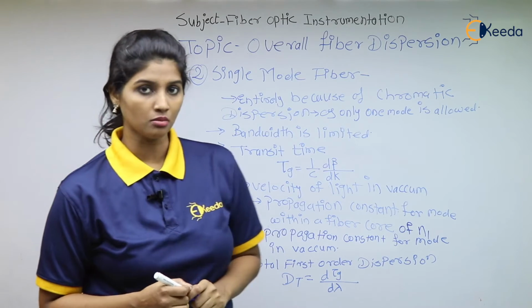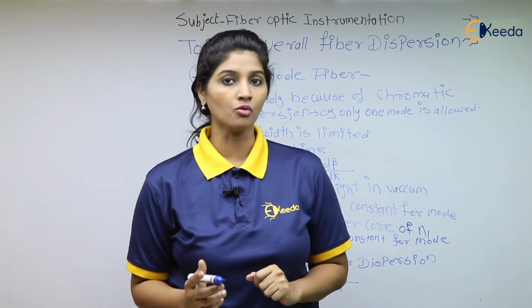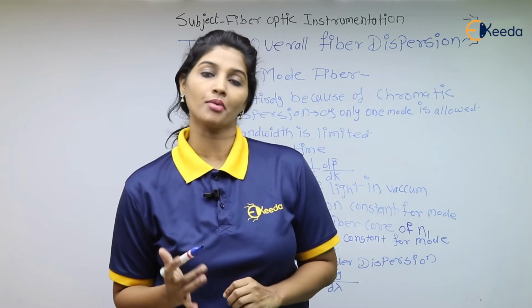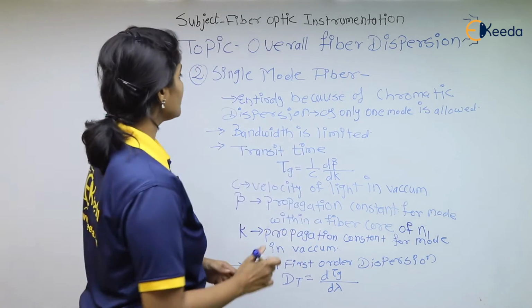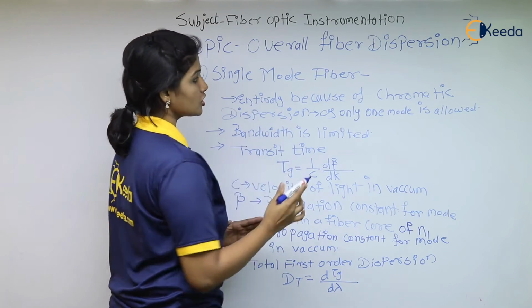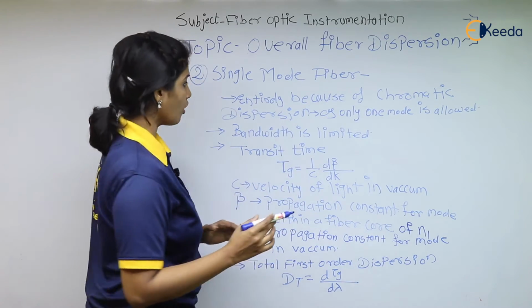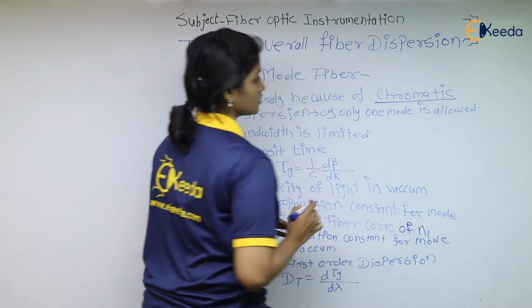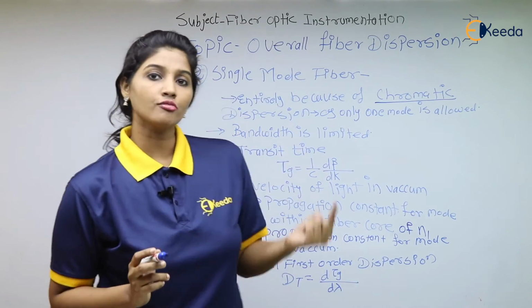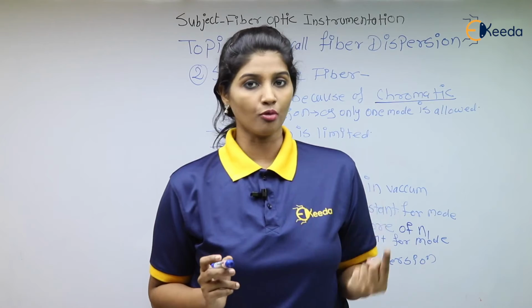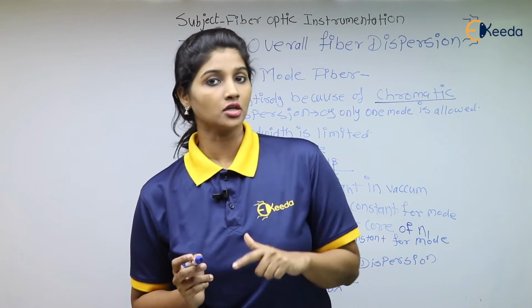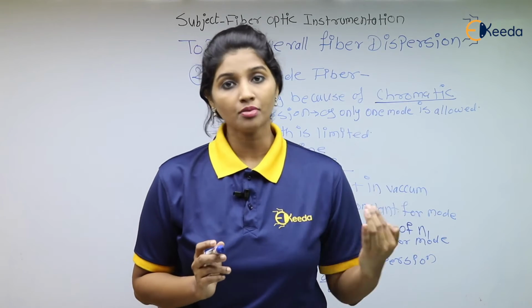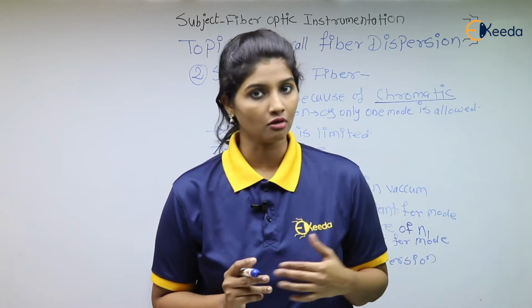Now let's talk about the overall fiber dispersion in case of single mode fiber. As it is a single mode, that means only one mode is allowed to propagate within a fiber. Therefore, in case of single mode fiber, the dispersion depends entirely on chromatic dispersion. Whereas in case of multimode fiber, it depends on both chromatic as well as intermodal, because multiple modes are allowed to propagate within a fiber.